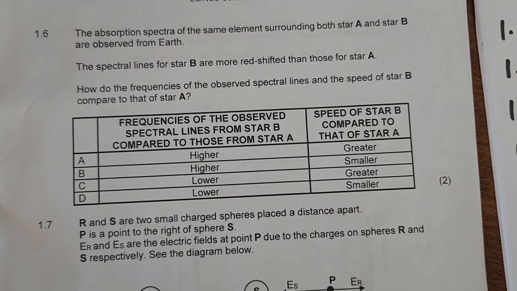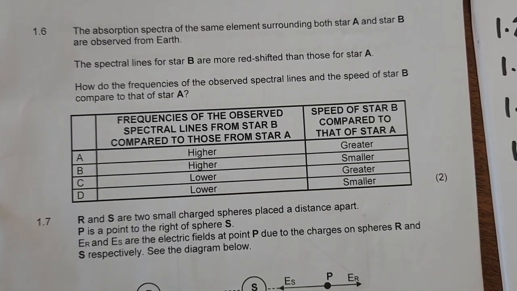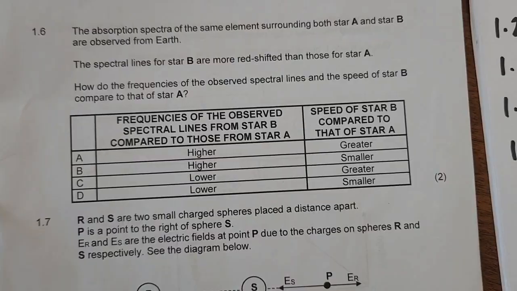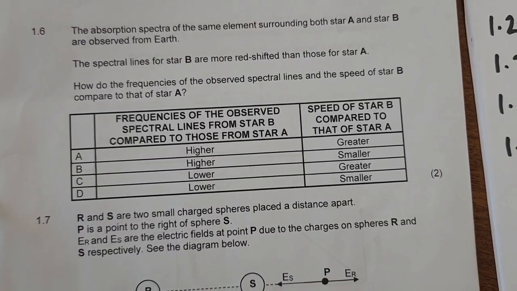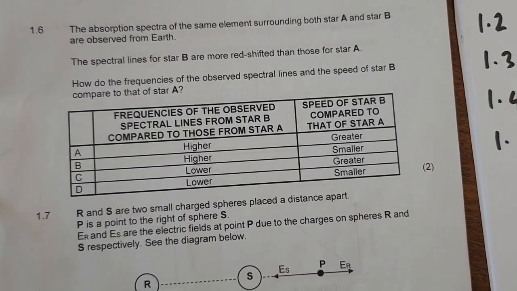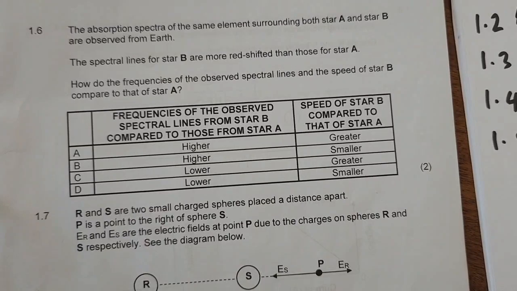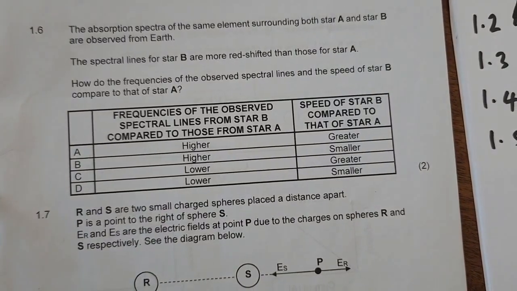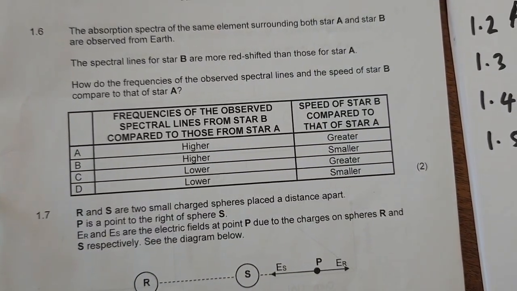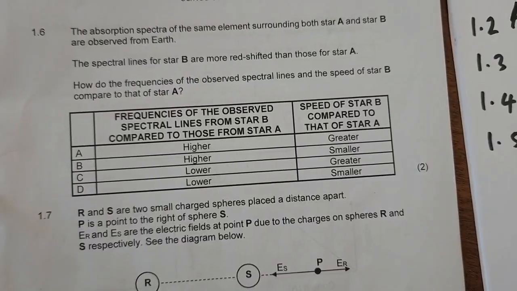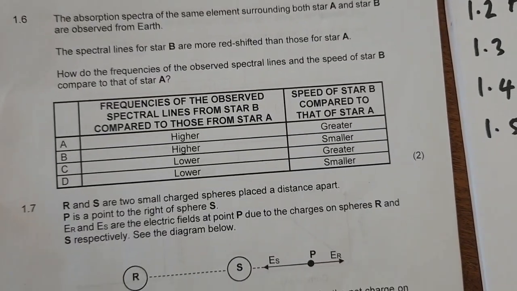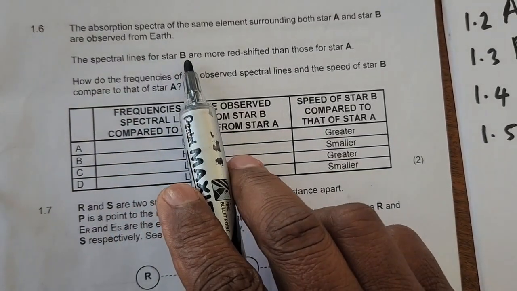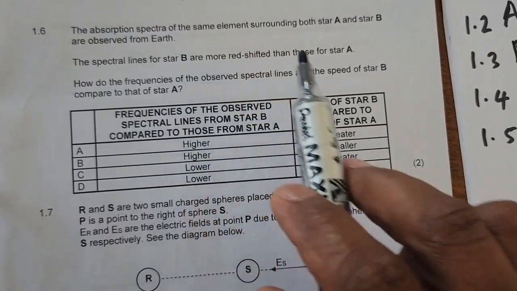The spectral lines of star B are more redshifted than those of star A. Now, how do the frequencies of the observed spectral lines and the speed of star B compare to those of star A? In this case, we underline that the spectral lines are more redshifted on B.